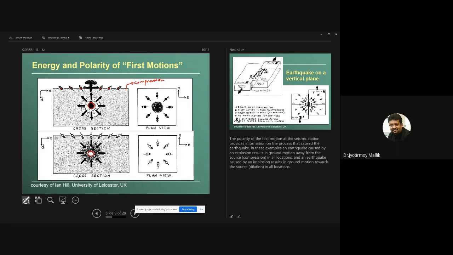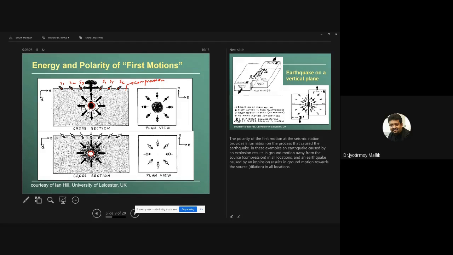Sorry guys, so this is a focus which is created by compression, an earthquake created by compression, and these are the seismometers. This is seismometer 1, 2, 3, 4, 5 and 6. The first ground motion that it will measure is also compressional.